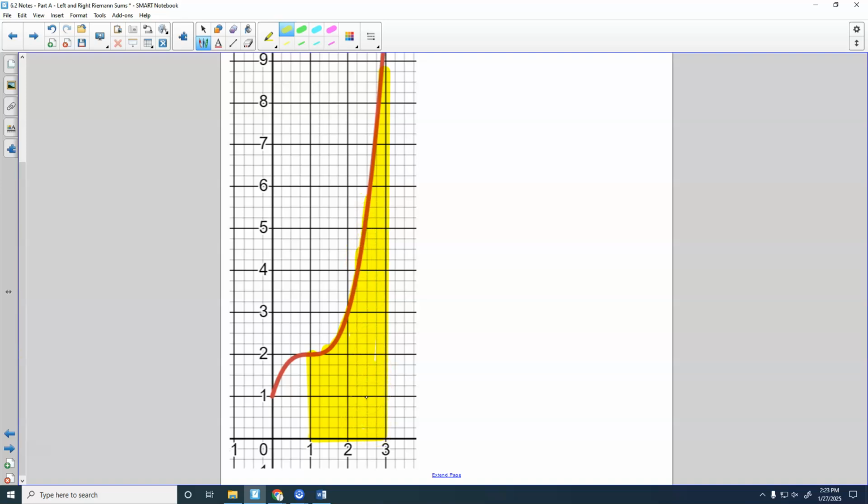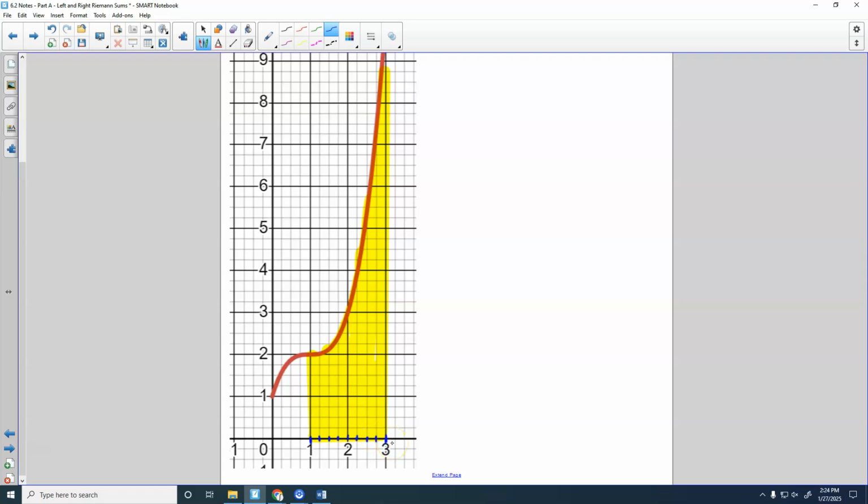This is not going to be the easiest to draw in, but we're going to try anyway. So if I'm taking this section from 1 over to 3, and I have to split it into 8 pieces because it tells me to use 8 sub-intervals, what is the width of each little interval going to be? 0.25, right? Or 1/4. Because if we cut this into 8 pieces here, it would be going up by 0.25, right?